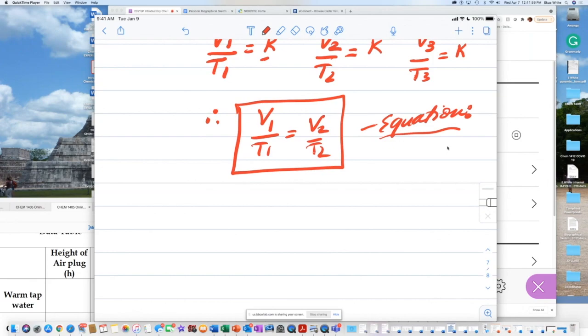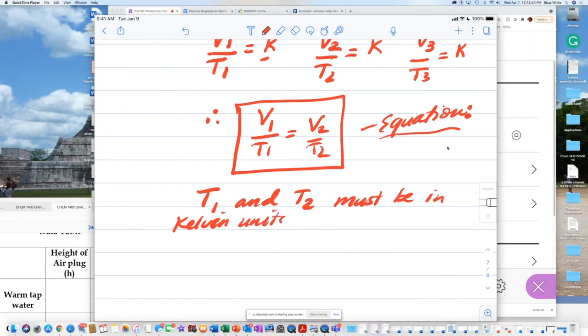Just because you have an equation, because chemistry data is acquired from a lab, the units of the data may not match the units required in the equation. So in this equation, temperature 1 and temperature 2 must be in Kelvin, or else this equation doesn't work.